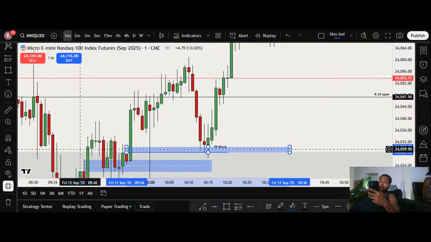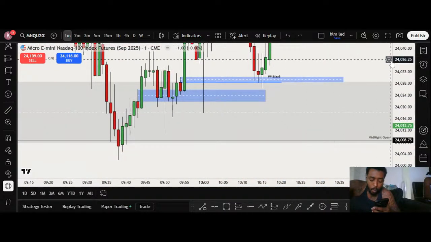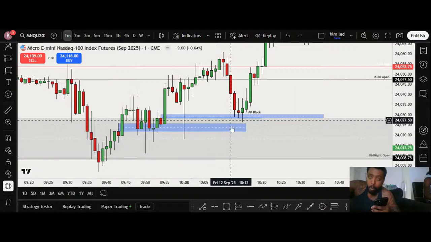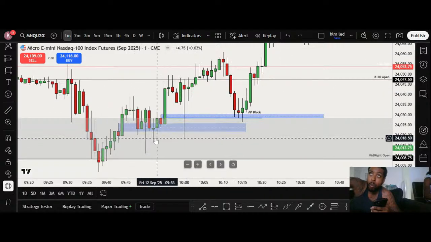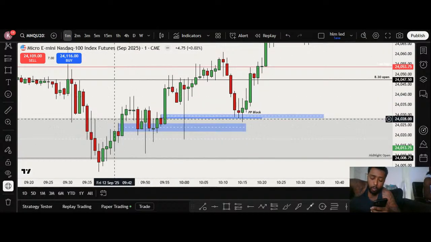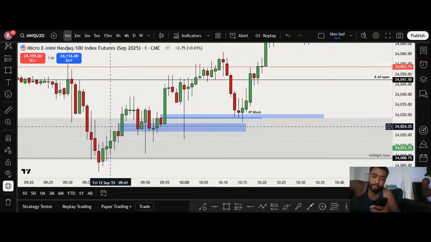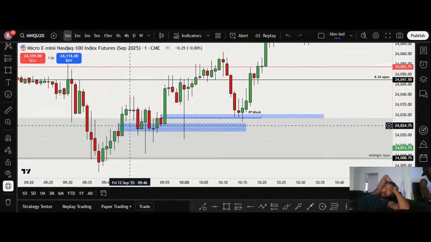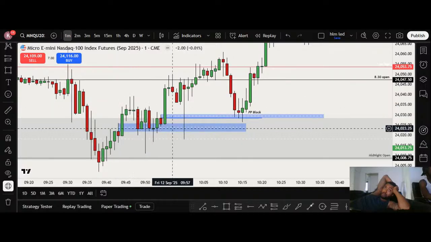But remember, as we're going along, none of this is created yet. None of this stuff is created yet. So as I'm looking at the market, I'm waiting for these things to get created. But not only am I waiting for this order block to get created, I'm also waiting for it to get retested.